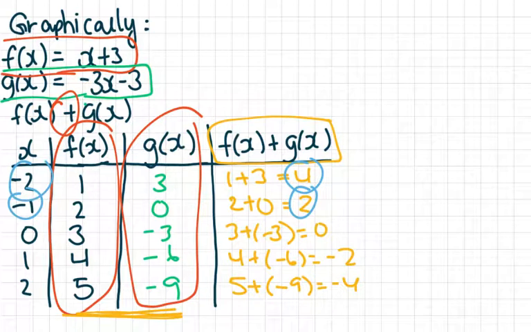So now we're going to graph all three of these lines on the same graph. So on my graph, I'm going to go up to at least 6 and down to at least -10 on the y-axis, and then from -2 to +2 on the x-axis.